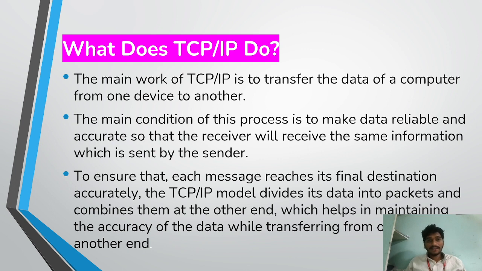To ensure that each message reaches its final destination accurately, TCP/IP divides the data into packets and combines them at the other end, which helps maintain the accuracy of the data while transferring it from one end to the other.